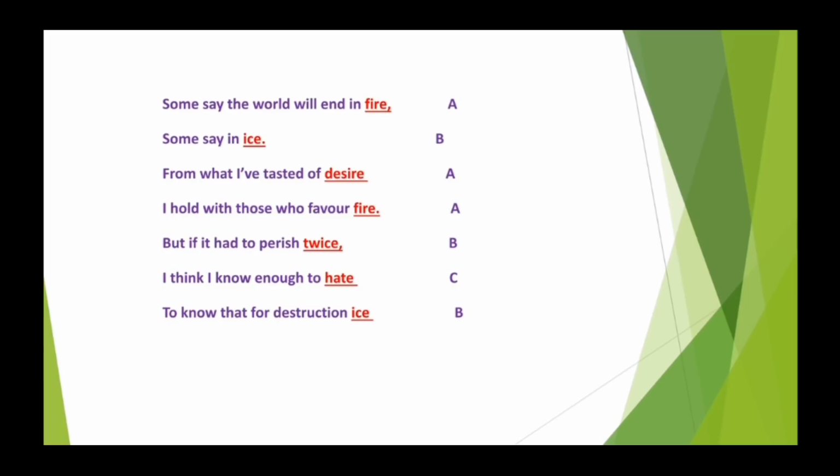So B. Is also great. Now great is rhyming with the word hate. So C. And the last, and would suffice, which is rhyming with ice. So the rhyming scheme of this poem is A, B, A, B, C, B, C, B.